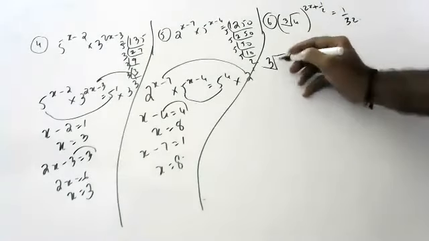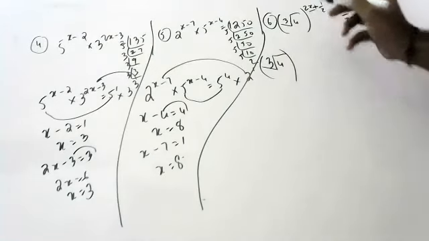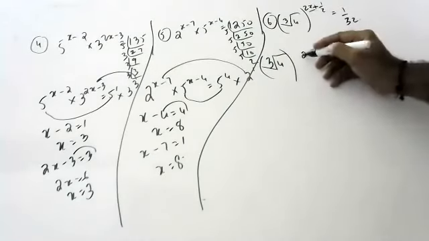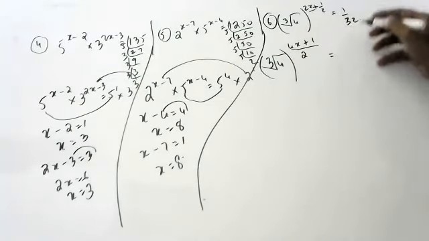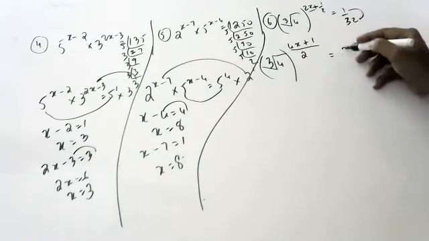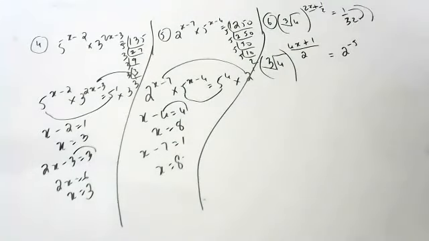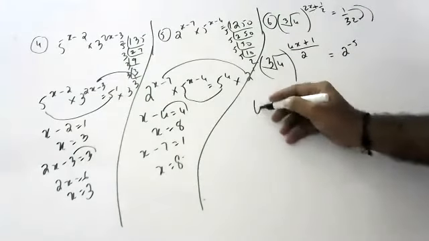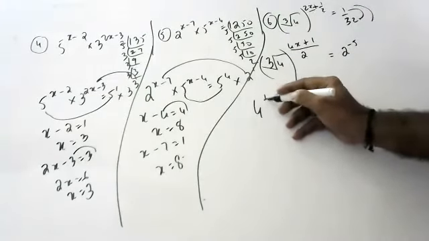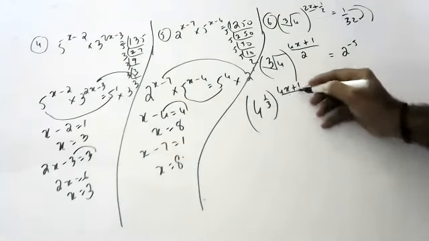Cube root of 4 into whole to the power of, or take LCM for this. 4x plus 1 is equal to 2 to the power of minus 5. This is 2 to the power of 5. This is 4 to the power of 1 by 3, whole to the power of 4x plus 1 by 2.